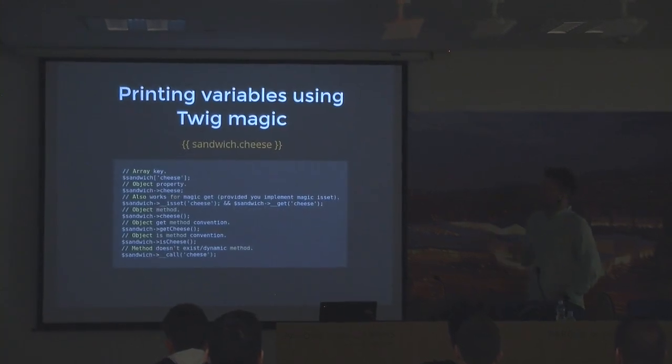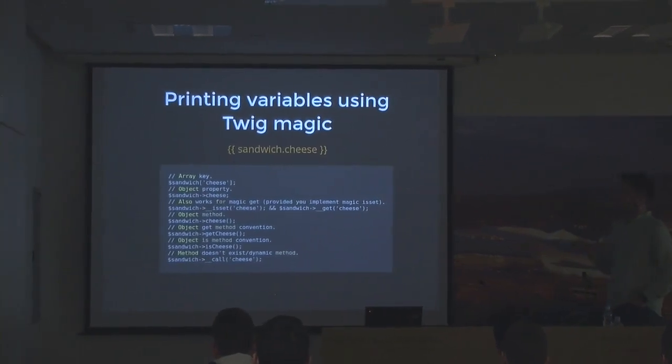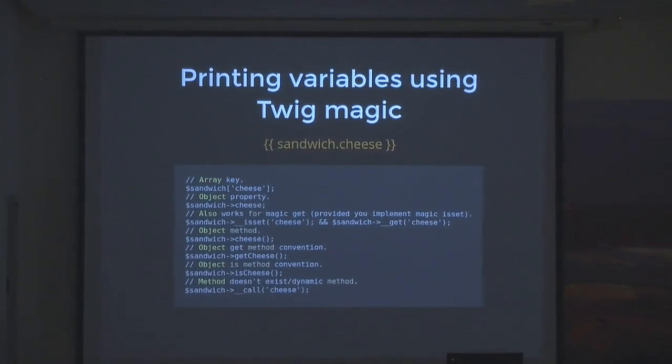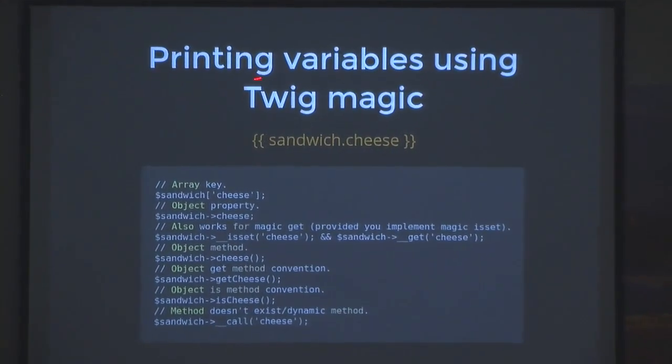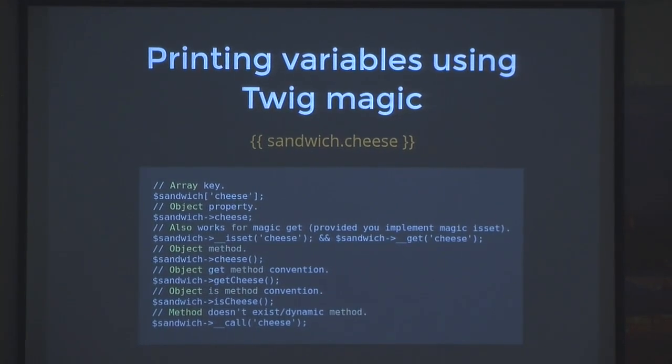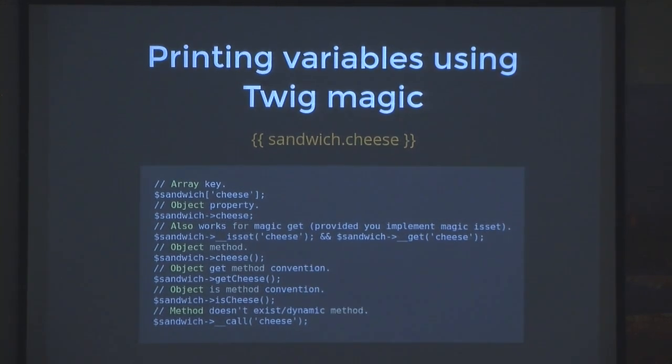So as you saw, printing in Twig happens using the double curly brackets. What happens when you print something using the curly brackets is that we go through these steps every time. Twig has one syntax to print all the different types of data.